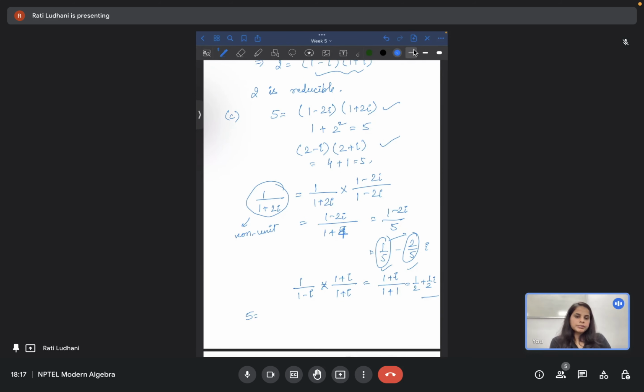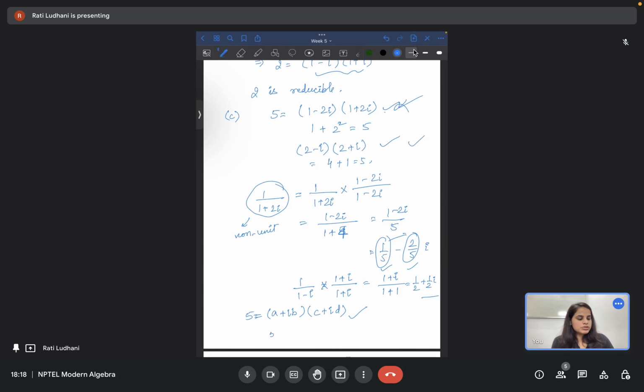If you can find a, b, c, d, then you are done. If not, then this is irreducible. And if you want to prove that this is irreducible, you have to go with this process, because you have to show that there does not exist some such a, b, c, d such that you can write it in this form. So try with this, you will get either this or this. Is that okay?